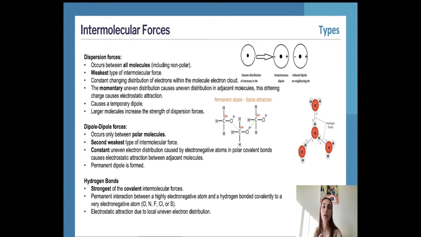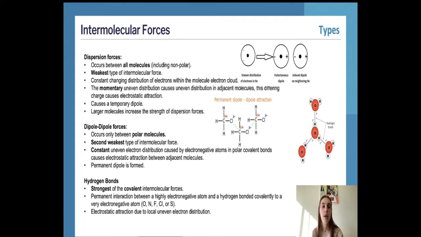So these are only temporary and they can be broken, unlike with our molecules, where it's much harder to break apart a molecule. And so we can consider that these can be broken in order to boil off certain samples and things like that. So our first one, which is our weakest one, is the dispersion forces.